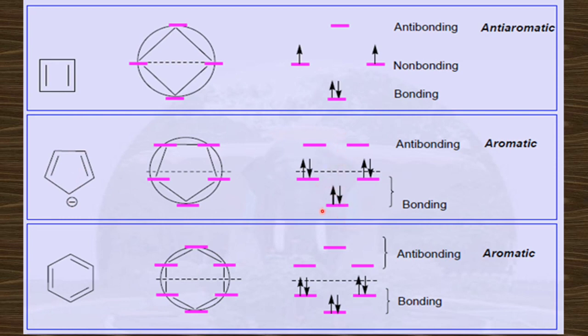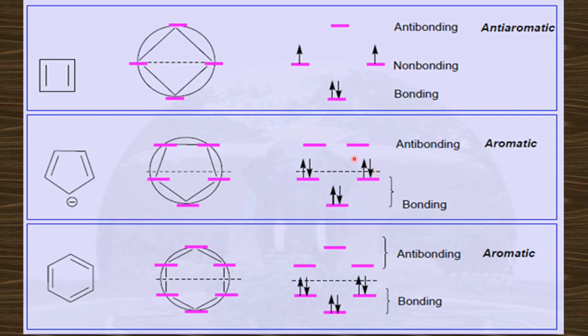So 2 electrons will occupy the orbital with the lowest energy. The third electron will go here. Fourth electron will go to the next pi molecular orbital. So these two have to be singly filled first. Then the fifth electron will go here for pairing. Sixth electron will enter here.